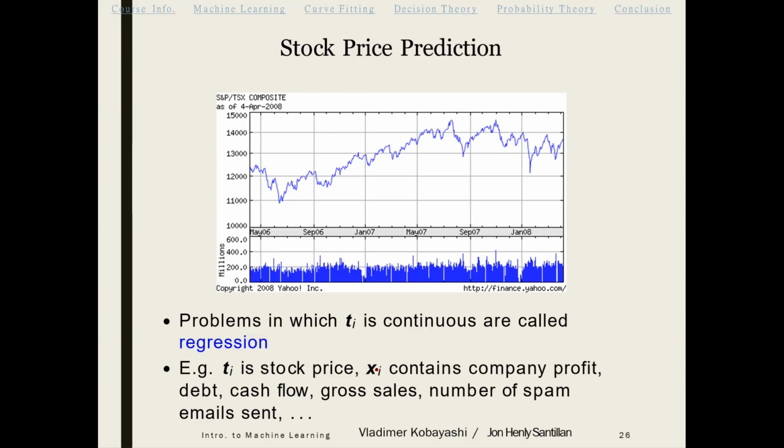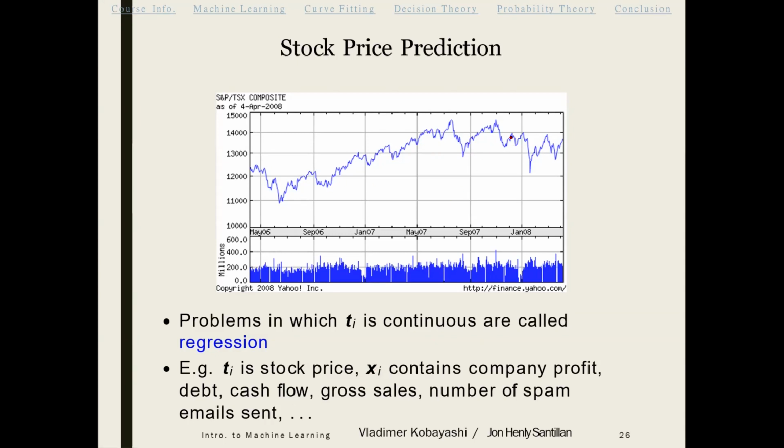Yung isa naman, yung last is either it's spam or not spam. Okay? Ito naman is not doing classification, but it's trying to predict a real number. And this is actually what we call regression problems.